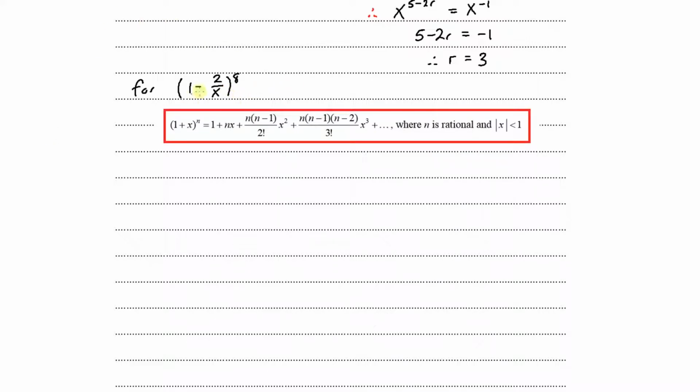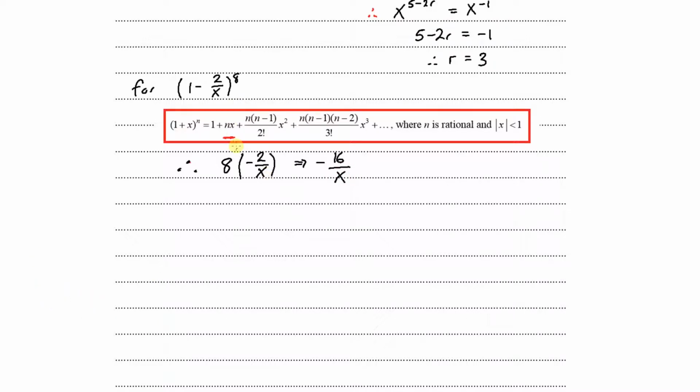It's likely that the term in 1 over x is going to come out as the second term, which is nx. By expanding, nx will simply be n, which is 8, times x, which in this case is minus 2 over x. And this gives us minus 16 over x.